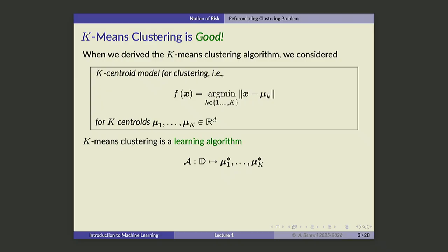Well, that is your choice. But if you think this is a feasible model, then you have a bunch of parameters inside this model, those mu's. And then the learning algorithm looks at your data set, all the samples that you have, and tries to find the right choice of mu's, the centroids.